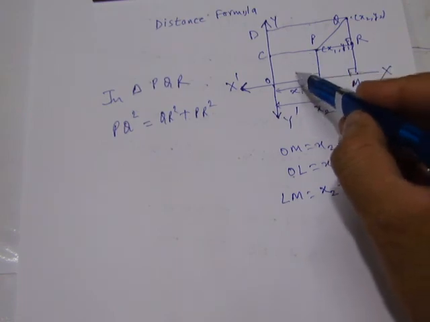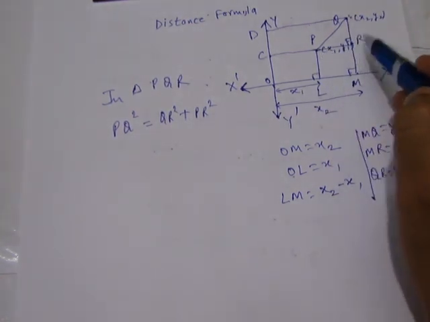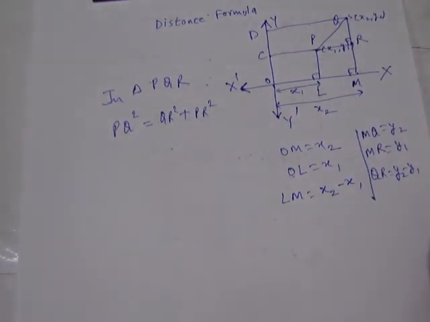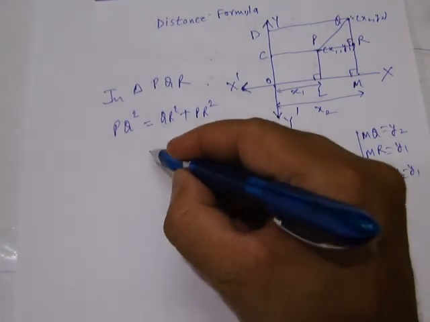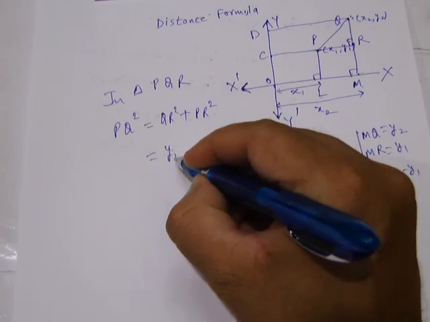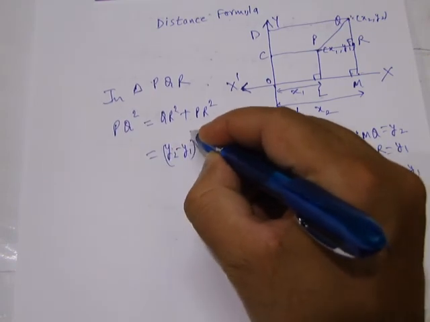Now perpendicular is QR and base is PR. Now we'll just put the values. What is QR? QR is y2 minus y1, so we'll write y2 minus y1 whole square.